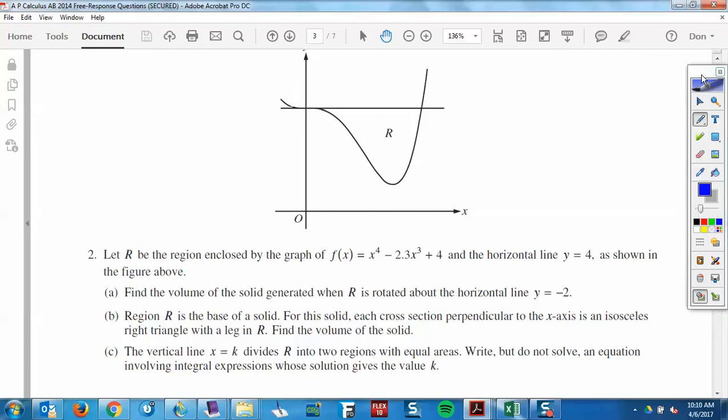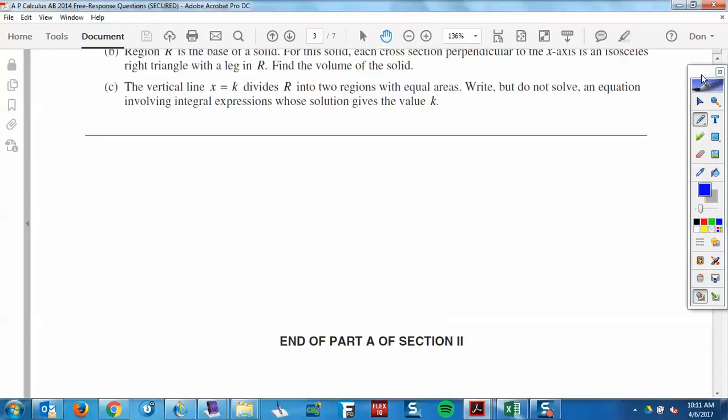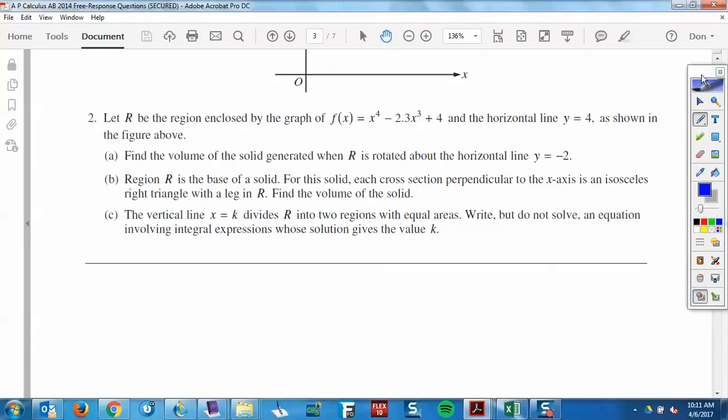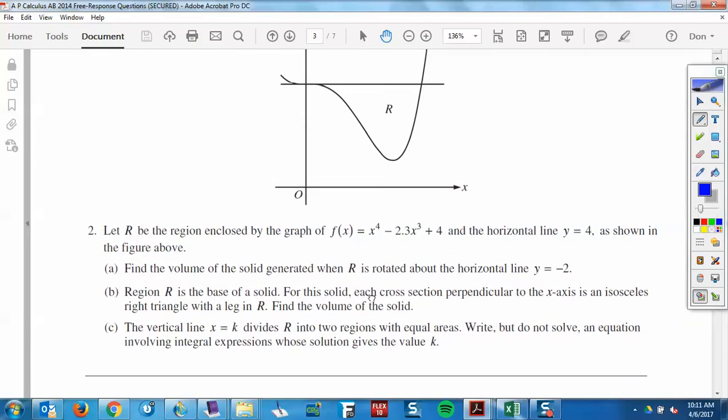Yeah, that little packet, 2016, we've done quite a bit of it. Oh, I'm sorry, wrong one. 2014. You've got to be kidding. But keep that 2016 handy because we're going to do it, not today, but maybe Monday. We're talking about free response 2014. Too many packets for this class.